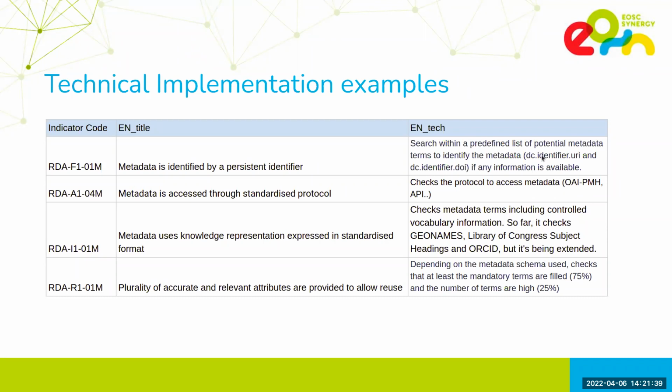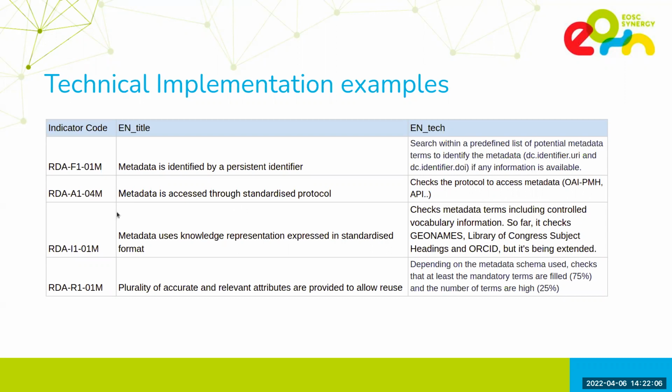So we check, for example, within the list of metadata terms, the identifier term with the URI qualifier and any others. We check in this field, in this term, if there is a persistent identifier, and we can check if it is a unique persistent identifier, and if everything is okay, that test passed.